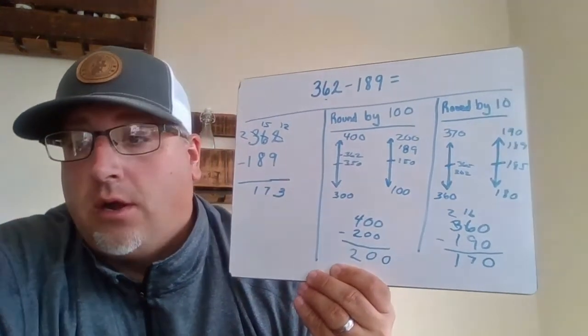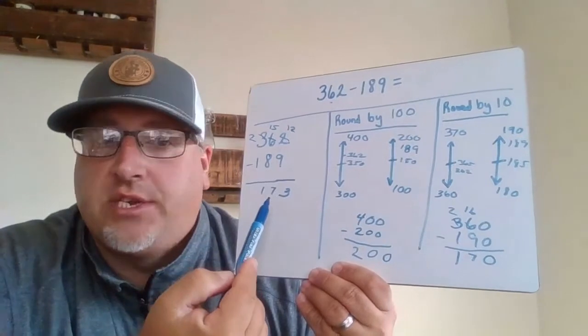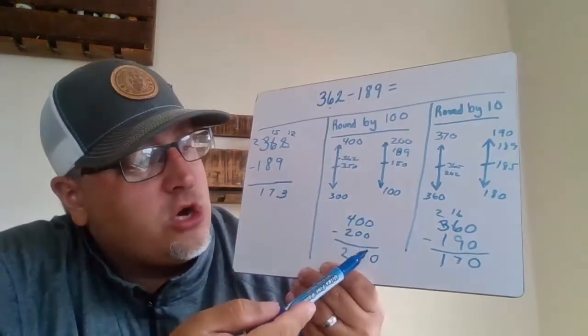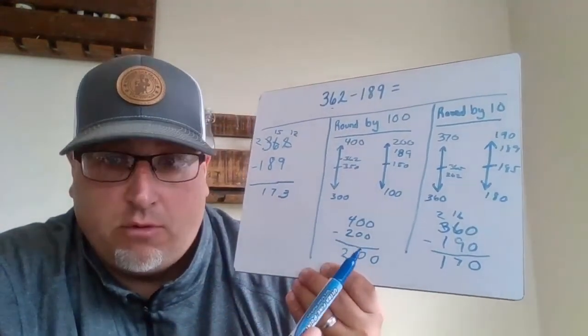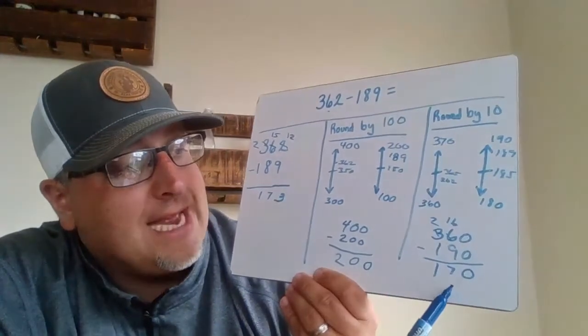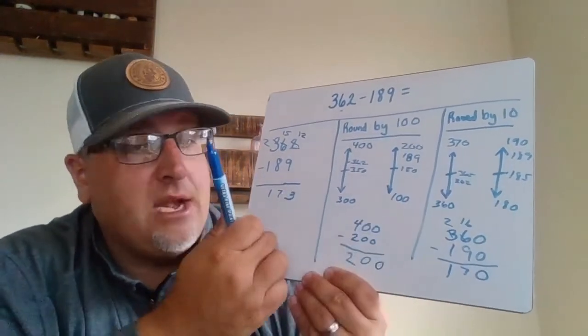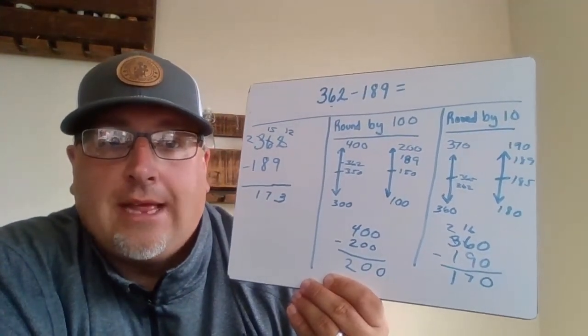So we did this 3 ways. Look what we came out with here. 173 was the correct answer if we just did the subtraction the way it was. We rounded by 100, and we got the answer of 200, 400 minus 200. And then here we rounded by 10, and we got the answer of 170. That's pretty darn close when we did the rounding like that.